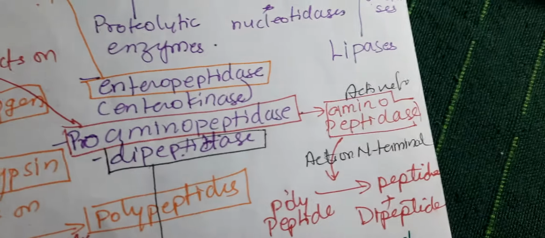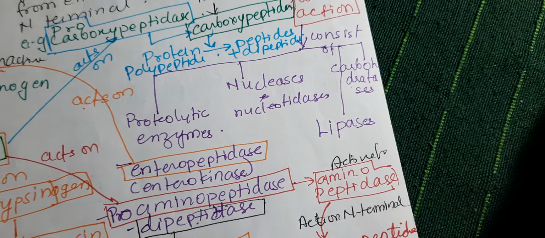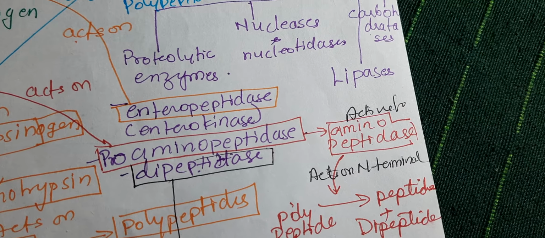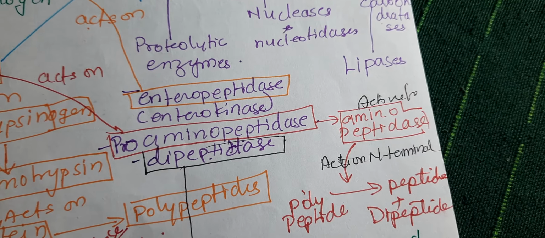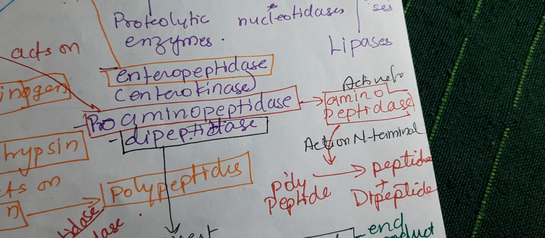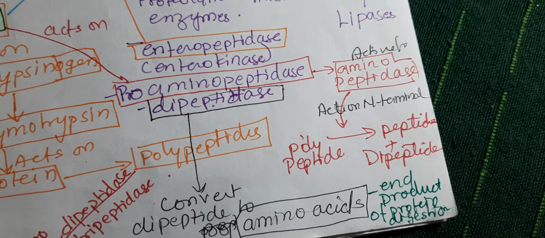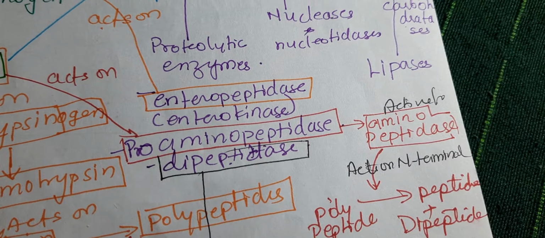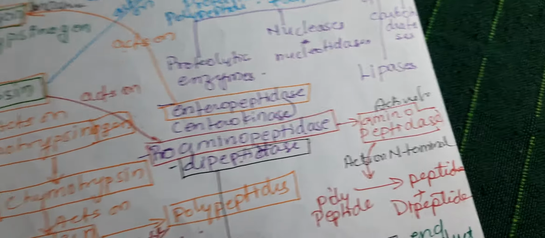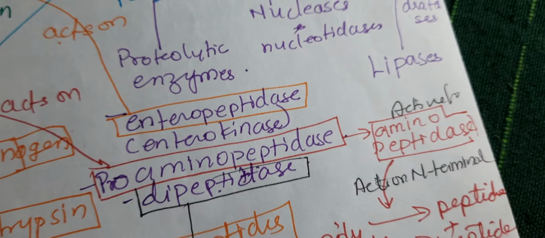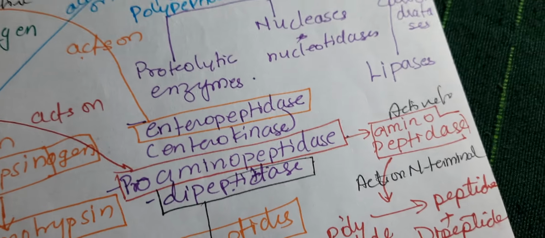Now let's talk about the proteolytic enzymes which are part of intestinal juice. So here enteropeptidase is secreted, which is not secreted in the zymogen state, also known as enterokinase, and proaminopeptidase, which is secreted in the zymogen form, and dipeptidase. These are the enzymes of intestinal juice. Now if you look at the sequence of how these get activated, in the intestine all the juices are mixed.